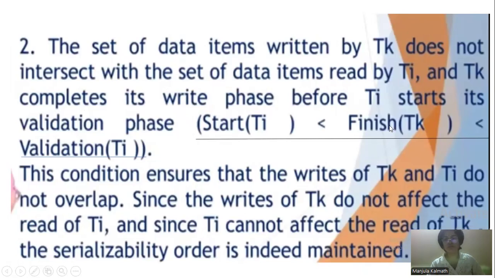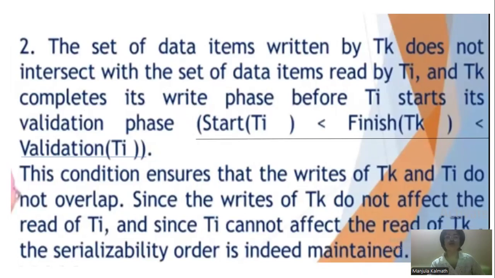Tk should be completed before starting the validation phase of Ti. Before completing the first transaction, the second transaction is started, but the second transaction's validation phase should be greater than the finishing of the first transaction.